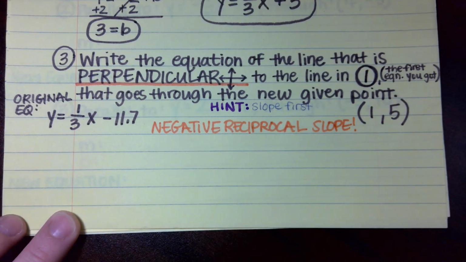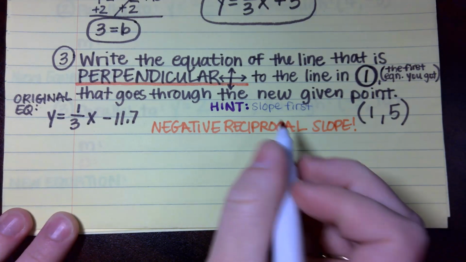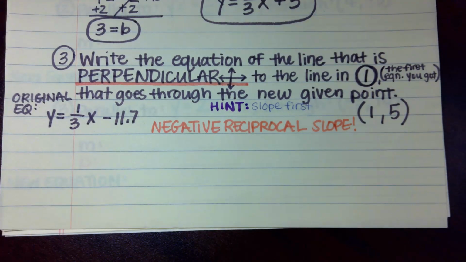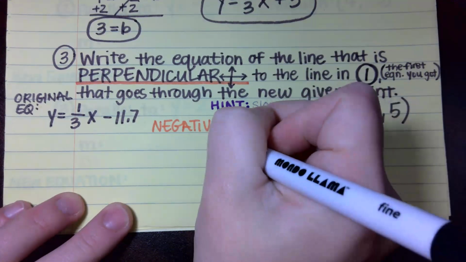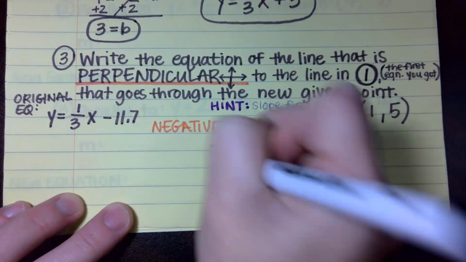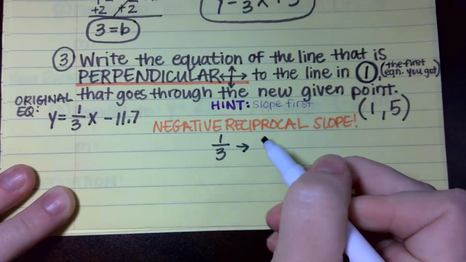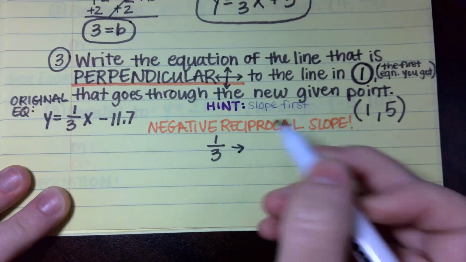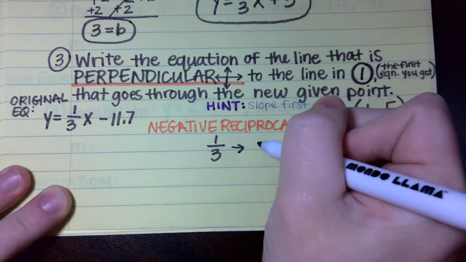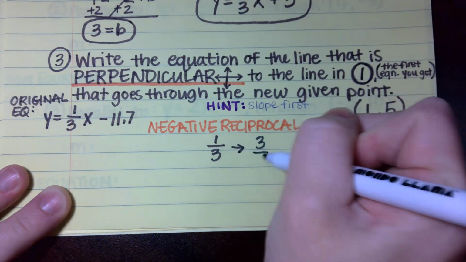So, just a quick review. All negative reciprocal means is we take the original slope, we flip it upside down, so instead of 1/3, it'll be what? 3/1.